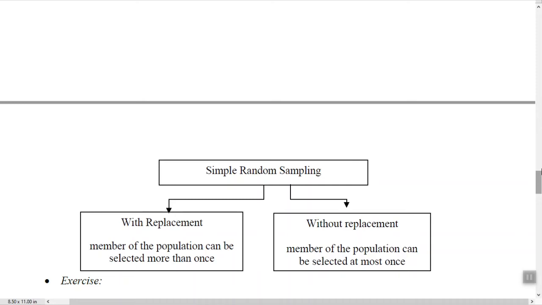So now before the draw I have 10 balls again. Each run I put my blue ball back into the original container. So this is called with replacement. The number of individuals does not decrease, it remains the same.